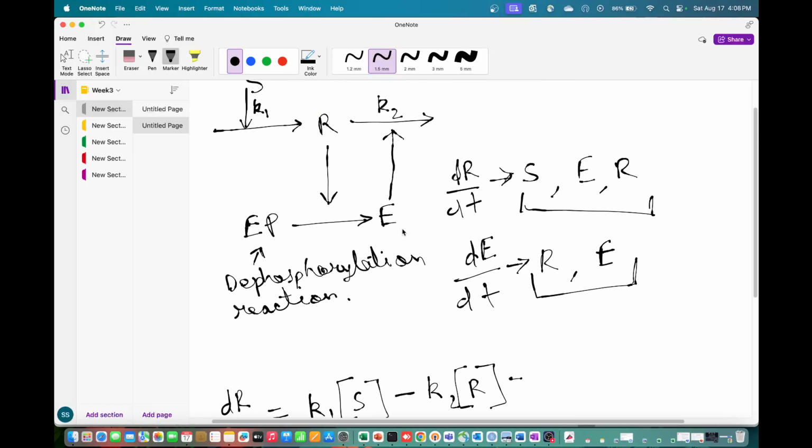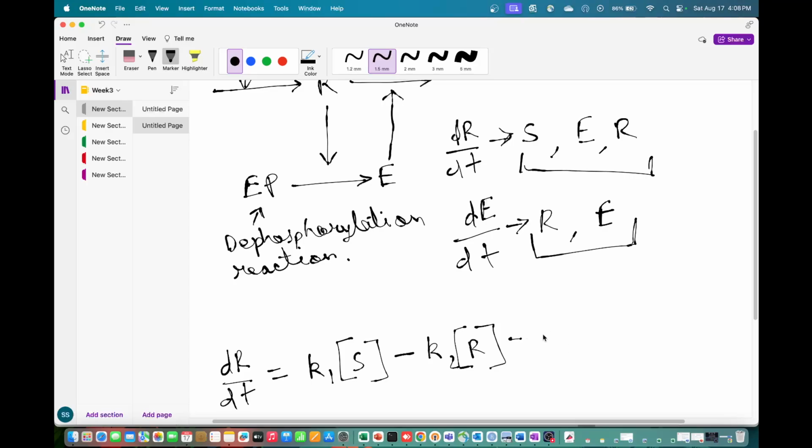E is negatively regulating R, right? Because E is helping R degrade with the rate constant K2, and R on the other hand is helping E increase in concentration. So this will be a negative of K2.